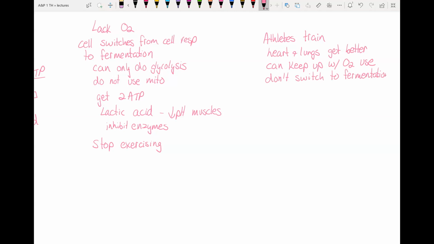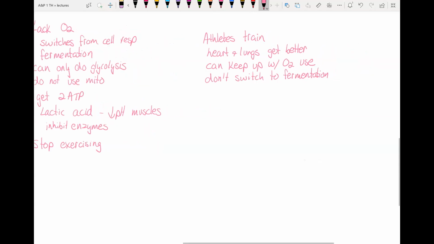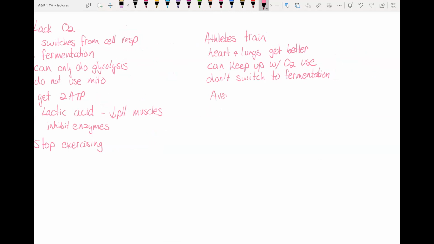And you can tell this if you know anything about athletes' heart rates. An average adult resting heart rate is 75 beats per minute. An athlete's resting heart rate can be in the 40s, can be 40 to 50 beats per minute.